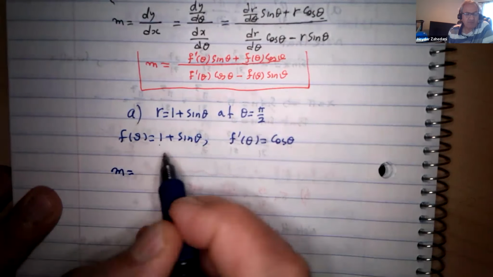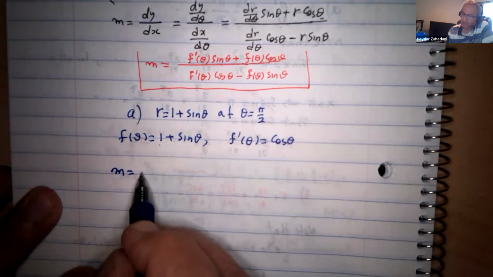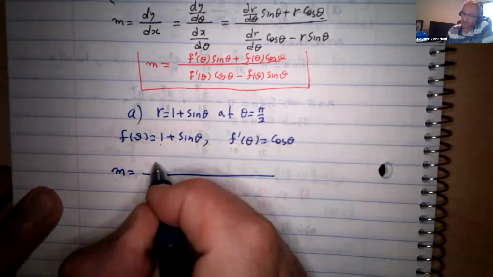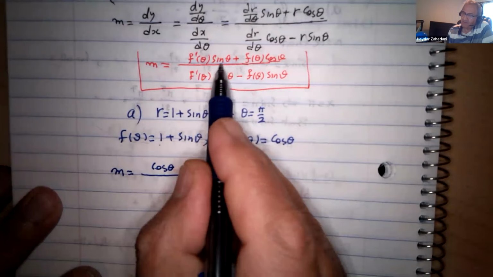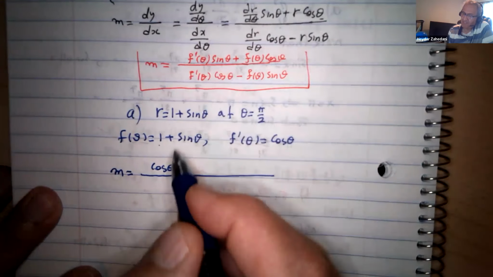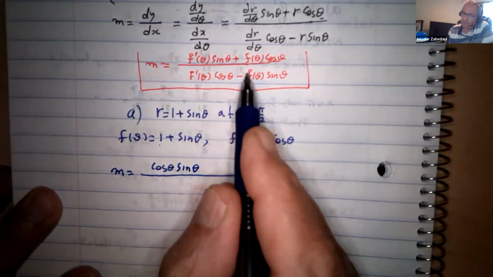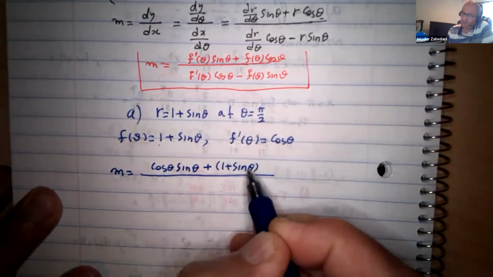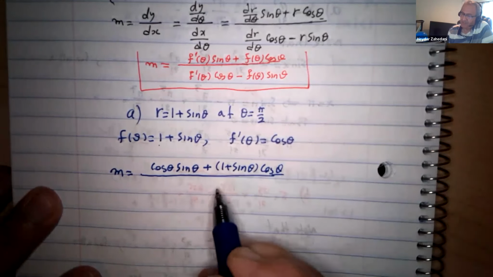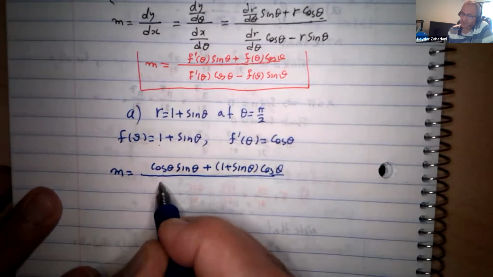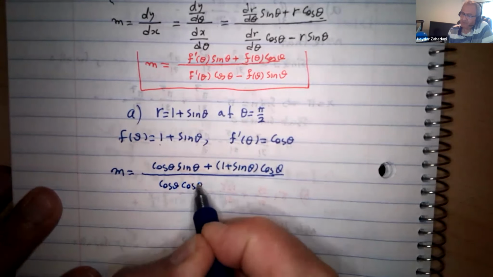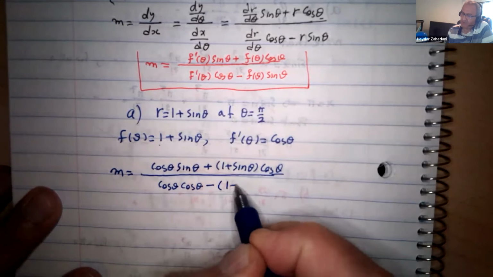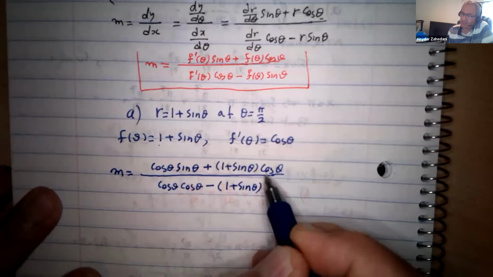So m is equal to, you can find them first, then substitute, or just do it right away. m is f prime of theta cosine of theta times sine of theta plus f of theta, which is r, 1 plus sine of theta times cosine of theta, divided by f prime of theta, which is cosine of theta, times cosine of theta minus f of theta, which is 1 plus sine of theta, times sine of theta.